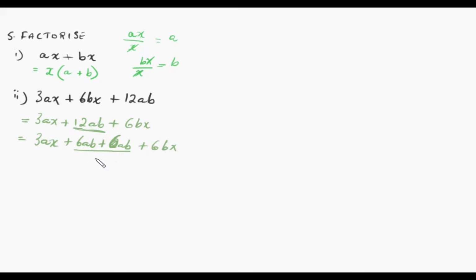Now, are we correct here? If we split it like this, a common factor here would be 3a, okay? 3a bracket x plus 2b, all right?